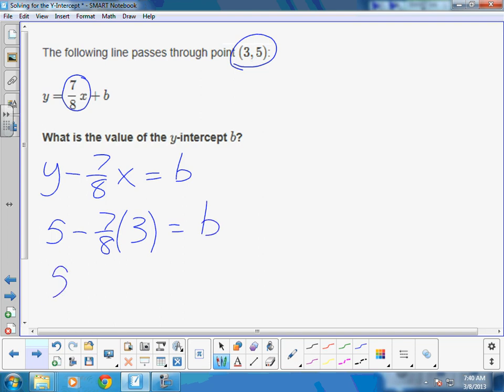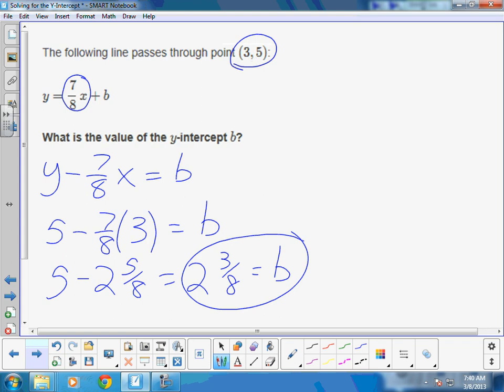So that's going to be 5 minus, I have to look at my other sheet because I don't have my calculator on me, 2 5/8. Then 5 minus 2 5/8 is 2 3/8. That is equal to b. My y-intercept is 2 3/8.